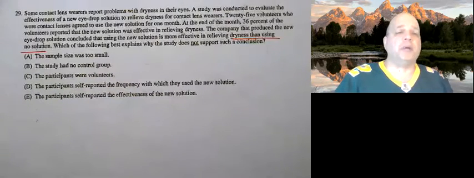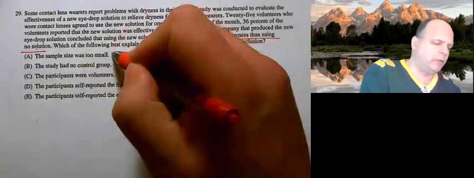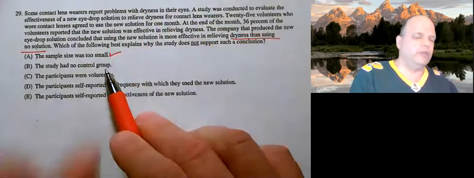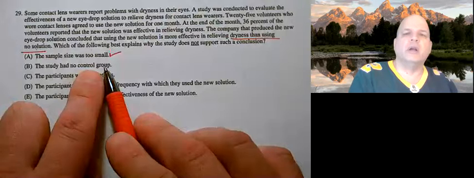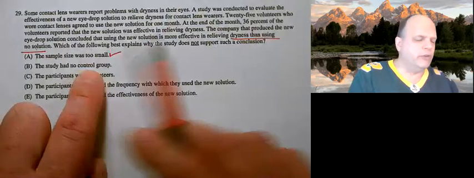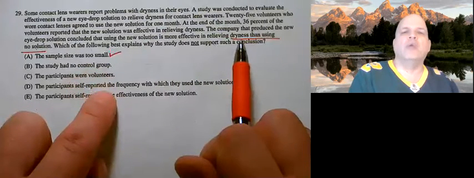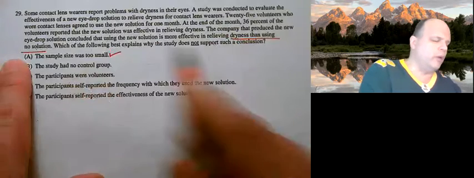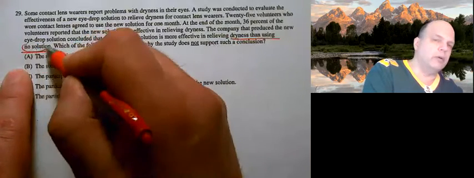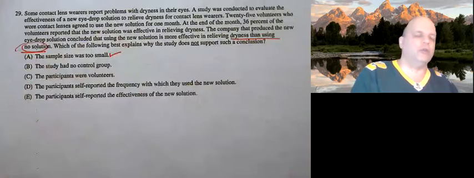Well, the sample size probably is too small, so that's probably a good choice. The study had no control group. Wait a second. That's right. There's nothing to compare this to. We're saying it's more effective in relieving dryness than no solution. There was no group that had no solution.